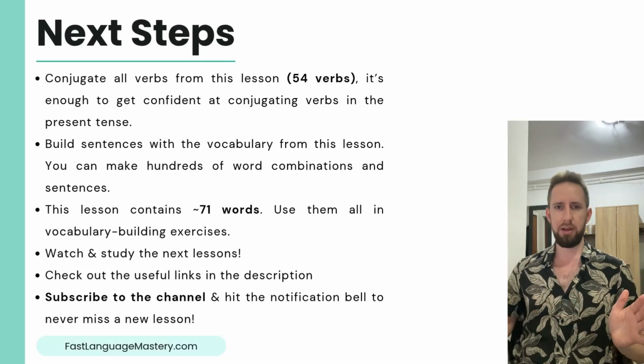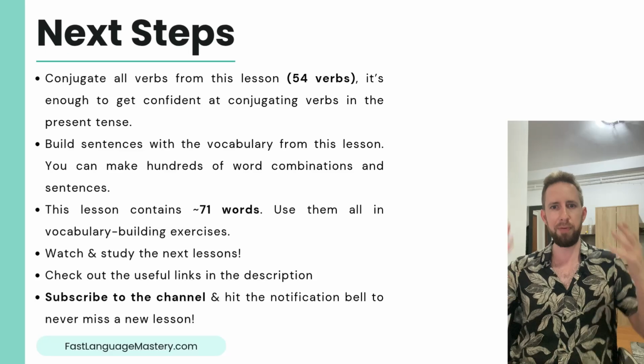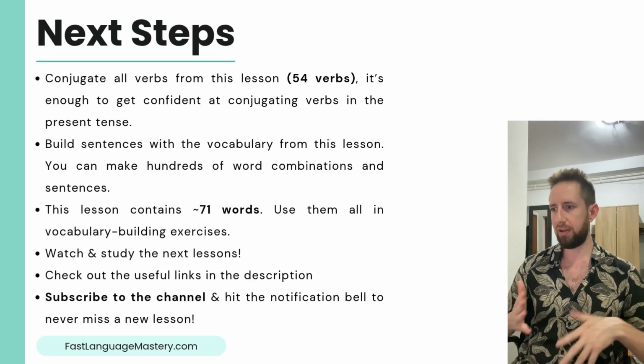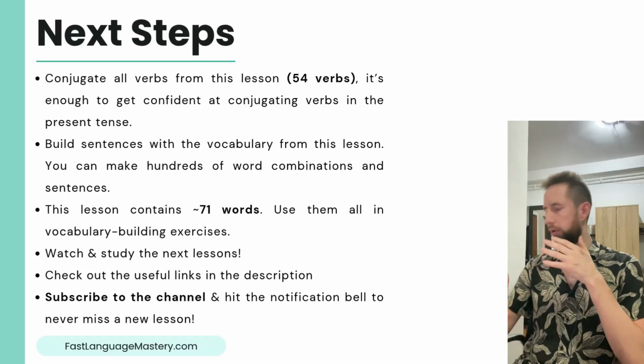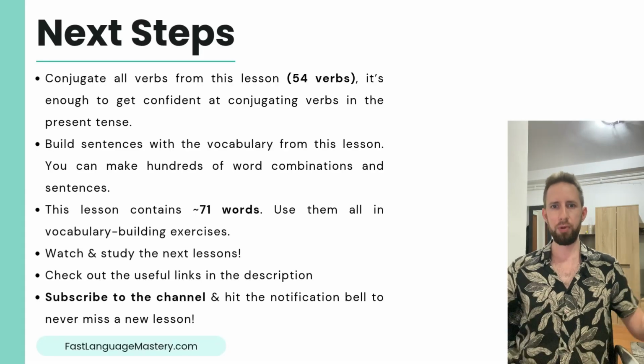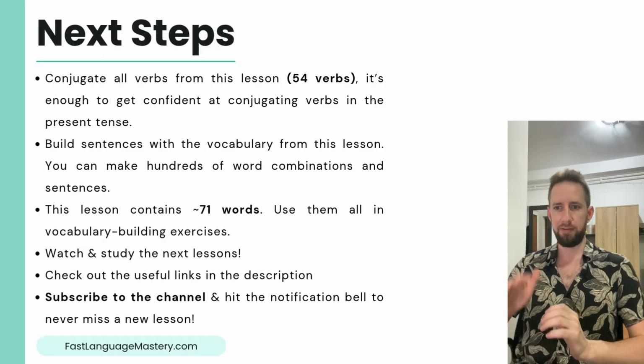You can make literally thousands of combinations, and you already can be fluent in this vocabulary which you learn from this lesson. You will not be fluent in the whole language, but in this small part of language you can be fluent if you practice this lesson well.